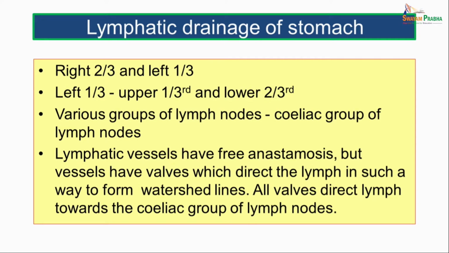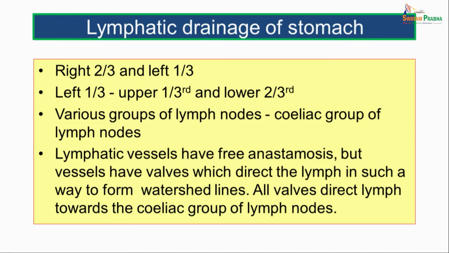There are various groups of lymph nodes seen around these specific areas, which will ultimately drain the lymphatics into the celiac group of preaortic lymph nodes. These lymph vessels have free anastomosis, but the vessels have valves which direct the lymph in such a way as to form watershed lines. All valves direct the lymph towards the celiac group of lymph nodes.